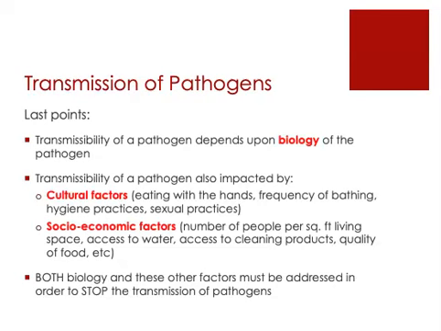If you think about, for example, things like how many individuals live in the home and how big the home is. If there's a single person living in a 2-bedroom apartment in a city, if that person quarantines themselves in that apartment, that's a great way to reduce the transmission of disease to that person.